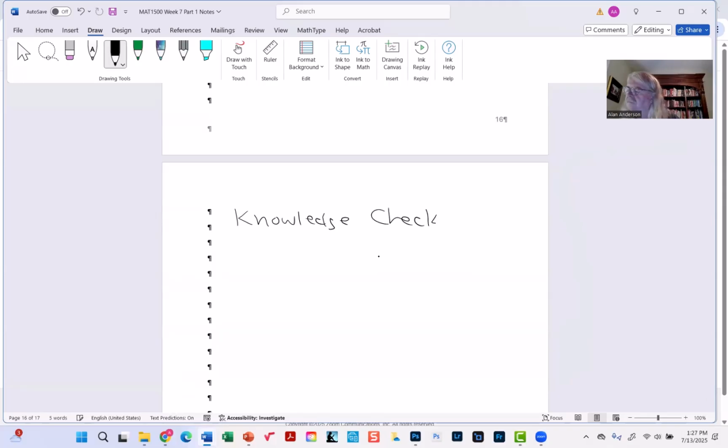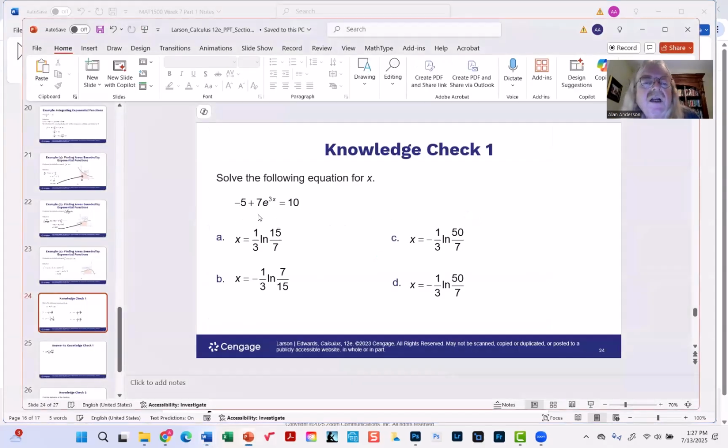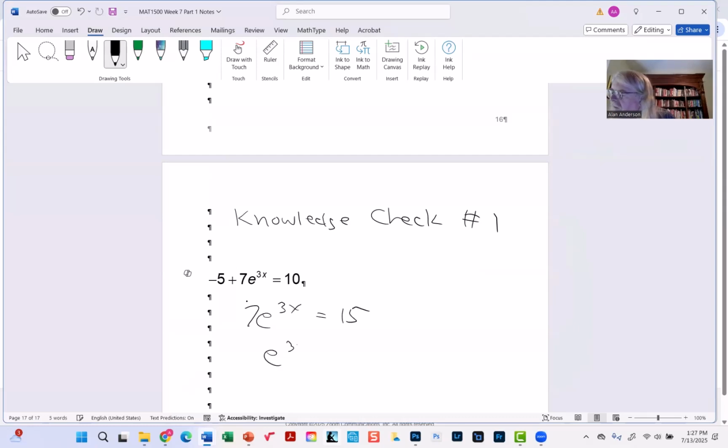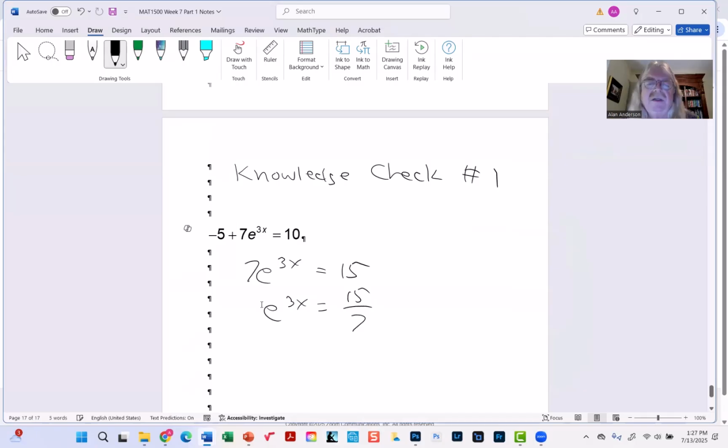So the first one: now here we're simply solving for x using our understanding of the properties of logs and exponential functions. So first, of course, you want to simplify this as much as possible. And then we can apply the logarithm.